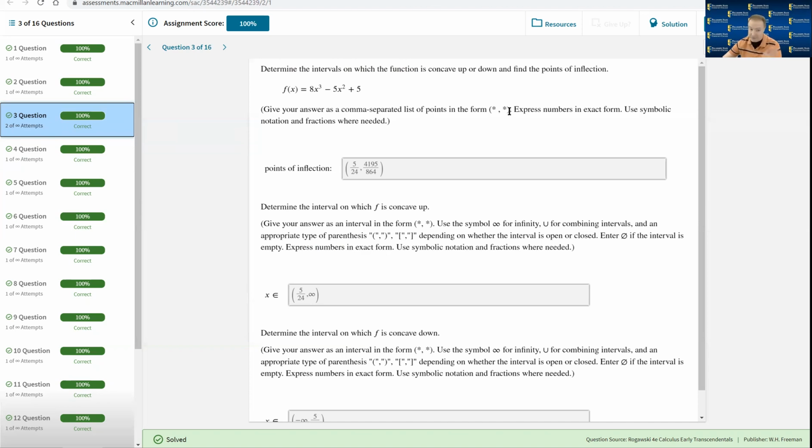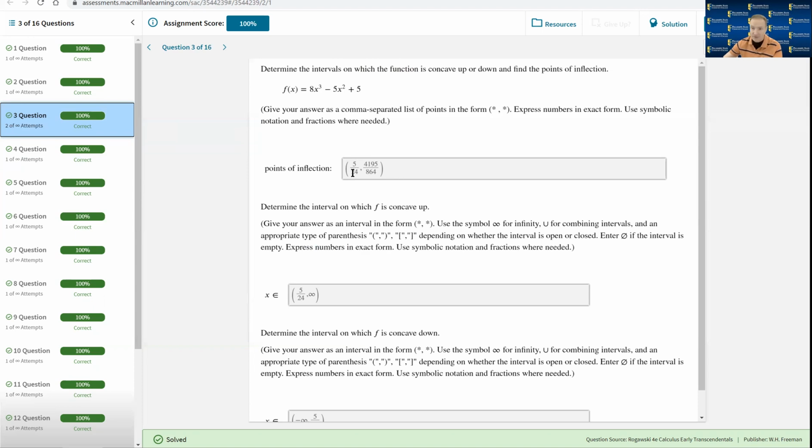Normally, and for most of the problems in this assignment, when they ask for the points of inflection, they only want the x value. On some of the problems, and I think maybe 3 or 4 at most, they will want the ordered pair for the point of inflection. So once you find the x coordinate for the point of inflection, you have to plug that x coordinate back into your original function to find the y value at the point of inflection.